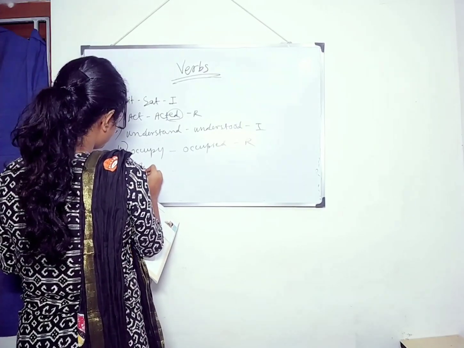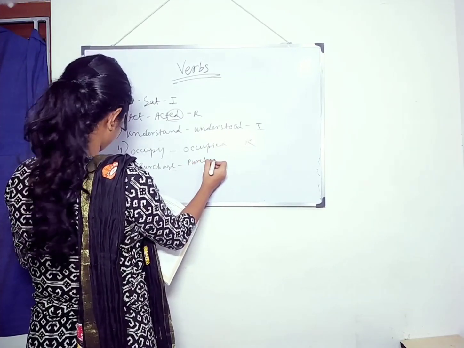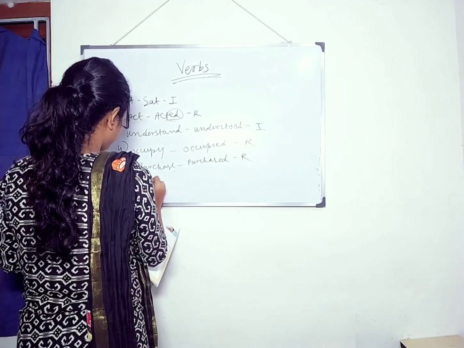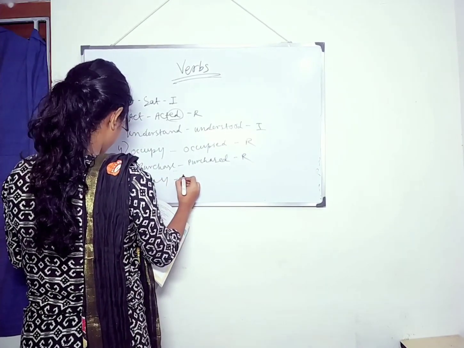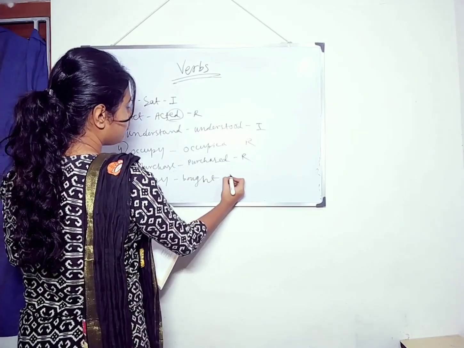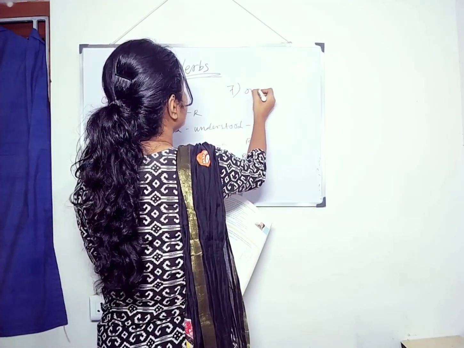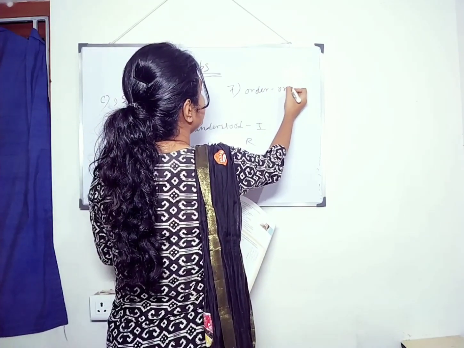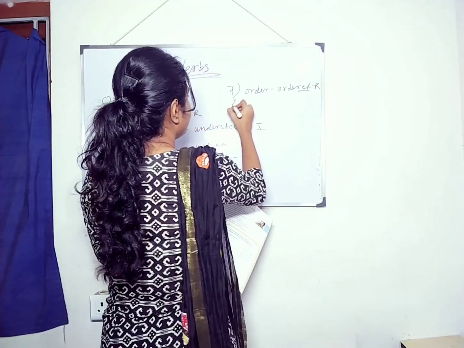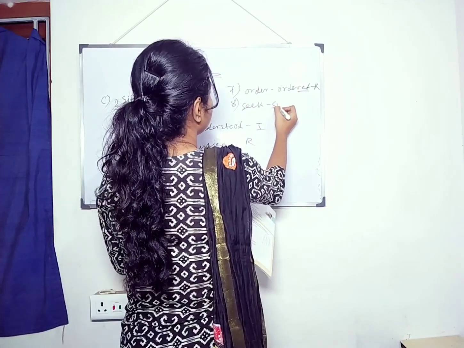Number 5, purchase, purchased, regular. Number 6, buy will become bought, so irregular. Number 7, order, ordered, ED, so regular.